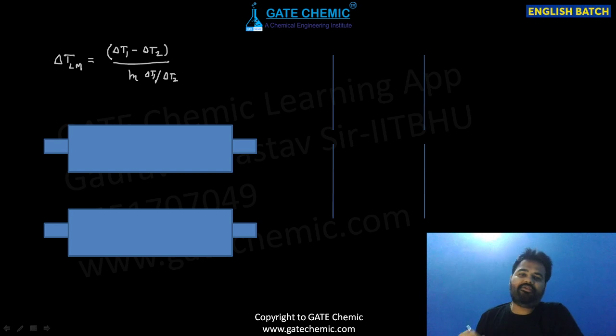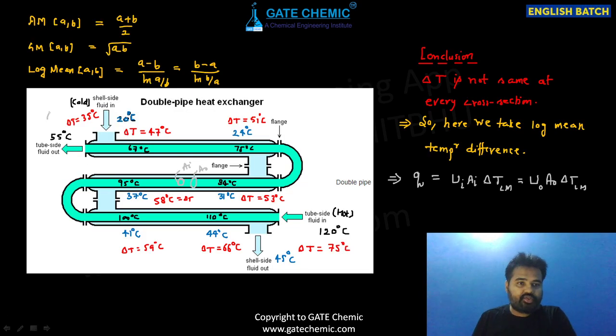Very, very easy formula. What is delta T1? What is delta T2? Here you can take this as delta T1, the exit temperatures, and here this you can take as delta T2. Anyone you can take as T1 or T2. So here you can say 35 and 75.